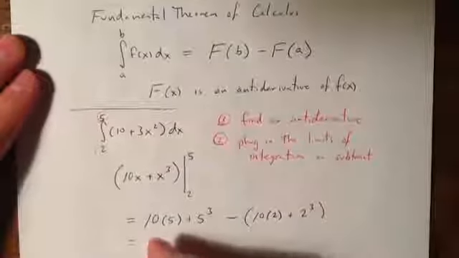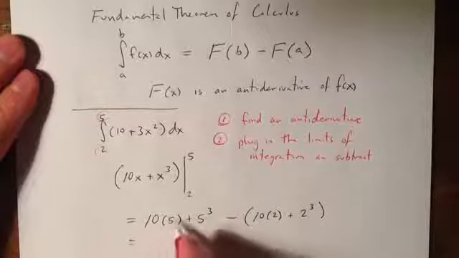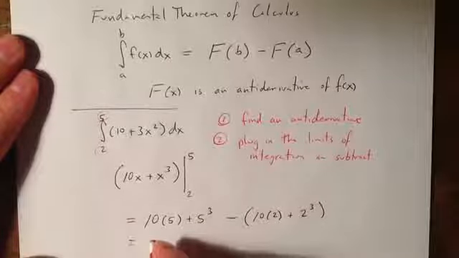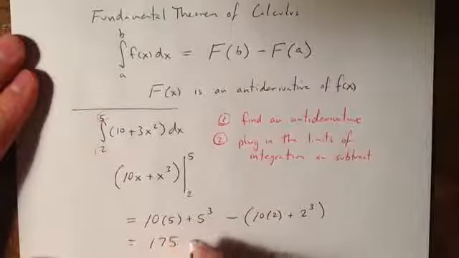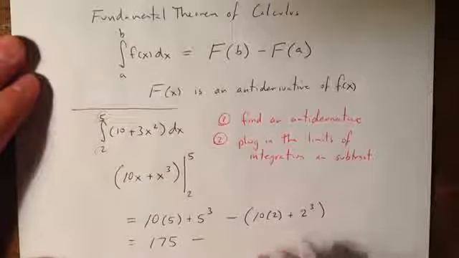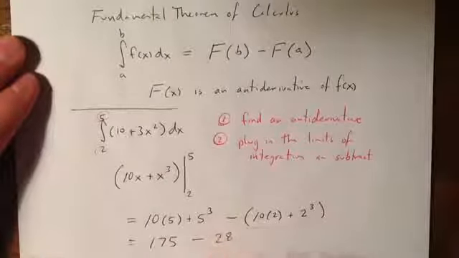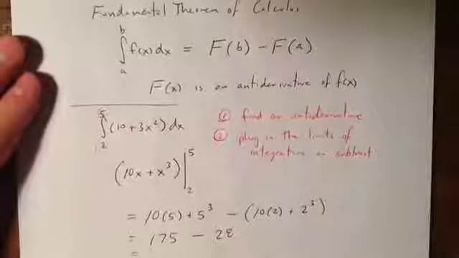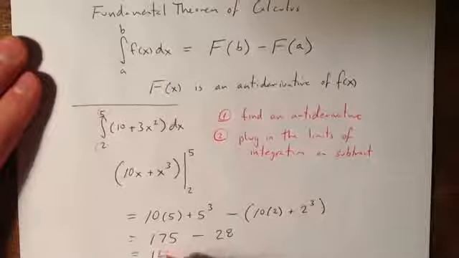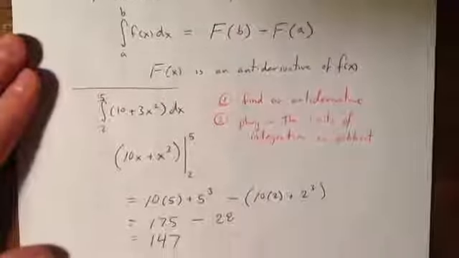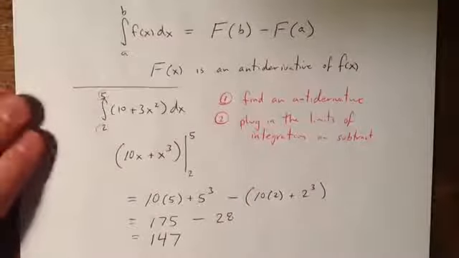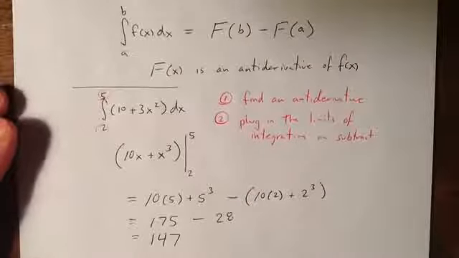So working through the arithmetic here, this is 50. That turns out to be 125, so I get 175. On the other side I have 20 plus 8, so minus 28. So we end up with 147, if I didn't mess up my calculation. I think that's right. And there we have it.